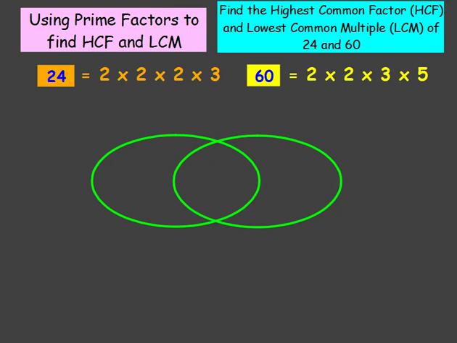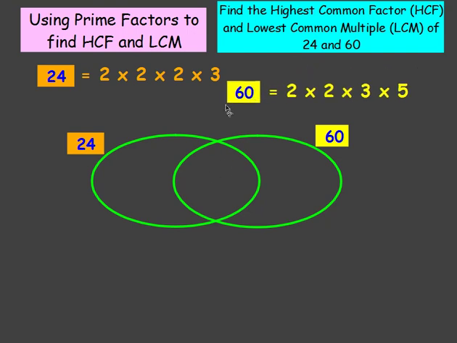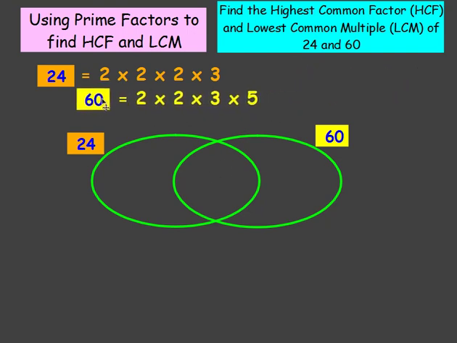So we're going to position prime factors of 24 on the left hand side, prime factors of 60 on the right hand side, and in the overlapping region, prime factors of both 24 and 60. So we can see now, if we overlap them, that the prime factors of both are a 2, another 2, and a 3.